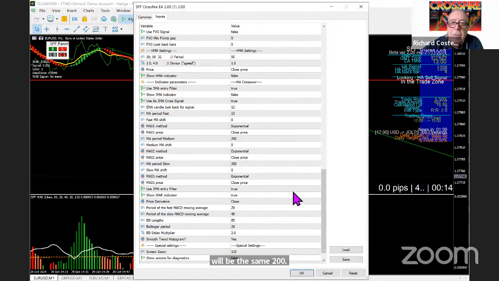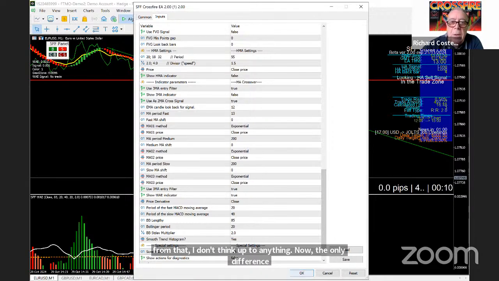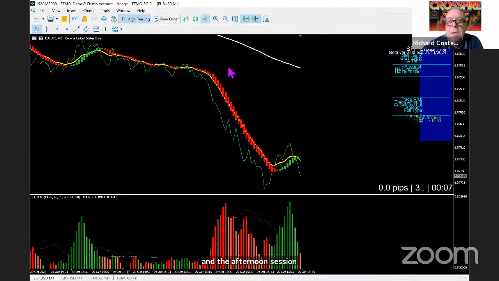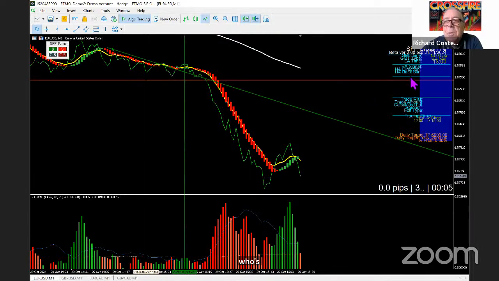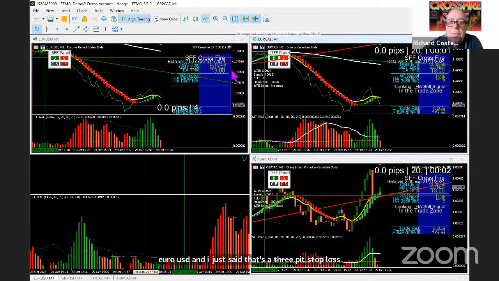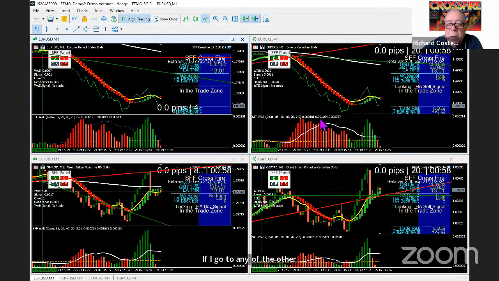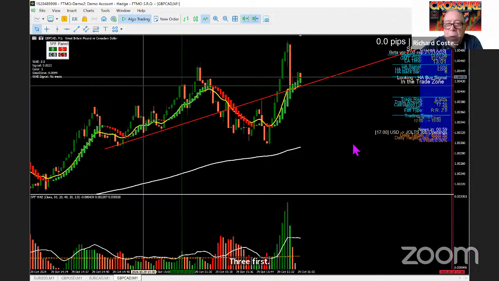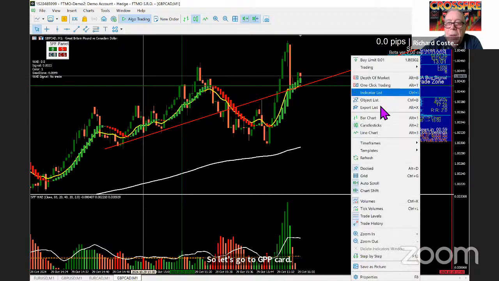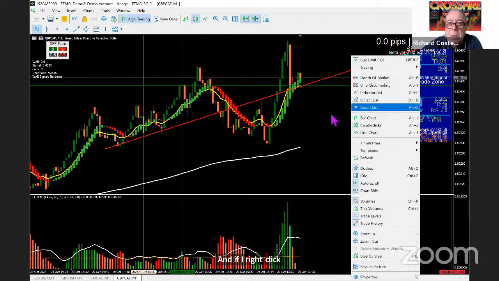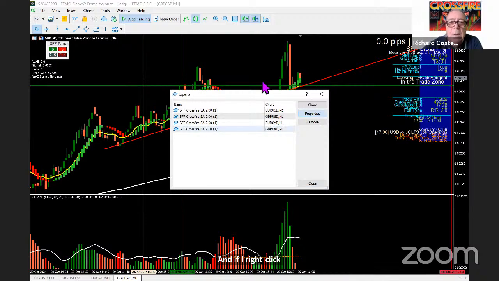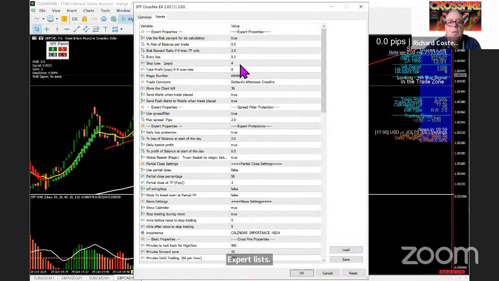Now, the only difference in the afternoon session is I'm on Euro USD, and as I just said, that's a 3 pip stop loss. If I go to any of the other 3 pairs, so let's go to GBP CAD, and if I right click, expert list, properties, I'm working on a 4 pip stop loss.